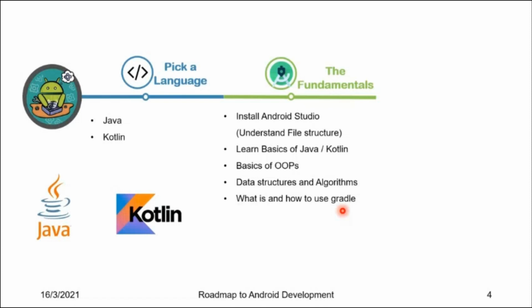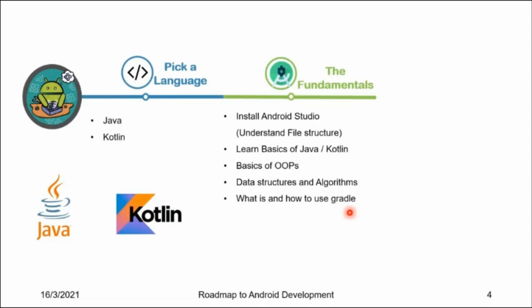Gradle is basically a build system in Android Studio, and I won't tell you much more about it because it is homework for you. But it is important to know this, and it is ignored by many beginners in Android development. They do not peek under the hood to see what really happens, and this is something that is important to know. So let's move on to the next step.